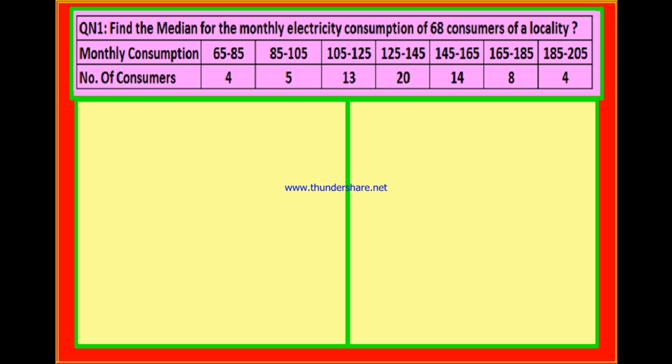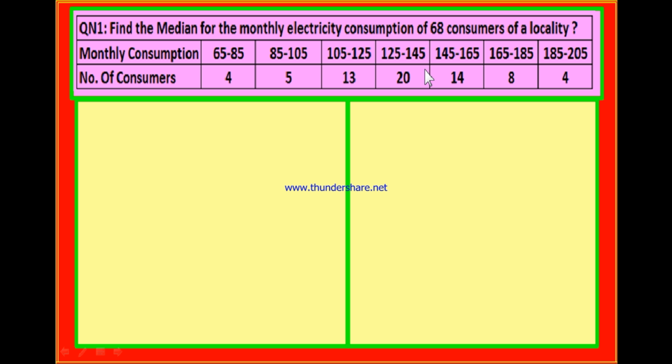This is the monthly consumption in units. 65 to 85 units, the number of consumers is 4; 85 to 105 units, the number of consumers is 5; 105 to 125, the number of consumers is 13; 125 to 145, the number of consumers is 20; 145 to 165, the number of consumers is 14; 165 to 185, the number of consumers is 8; and 185 to 205, the number of consumers is 4.